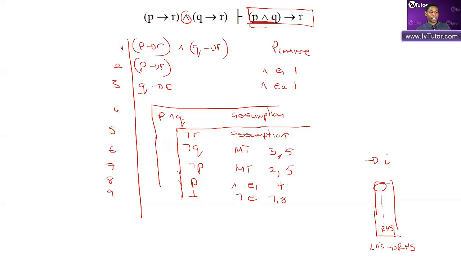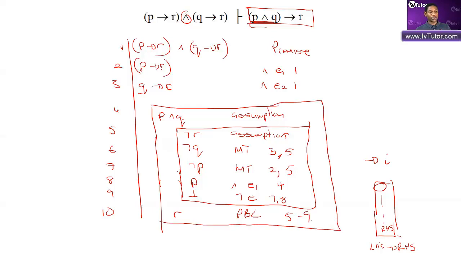Therefore, from here, I can prove by contradiction that R is true, proof by contradiction. That is from number 5 to number 9. And then I can close this one off. I've assumed P and Q. I've proved R. Therefore, the left-hand side implies the right-hand side.